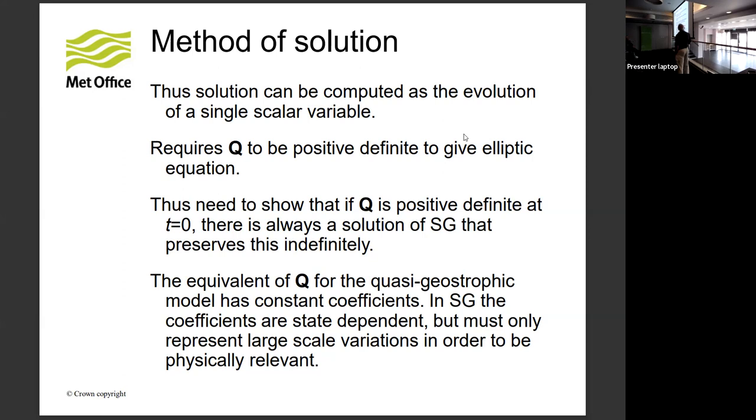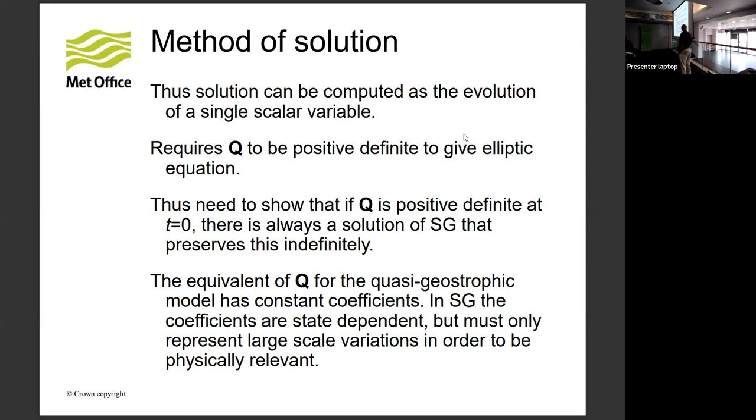The other thing is that having state-dependent coefficients is really important. A lot of what really happens involves strong sensitivity to atmospheric structure, and I'm thinking of what Paul was talking about as an example of that.